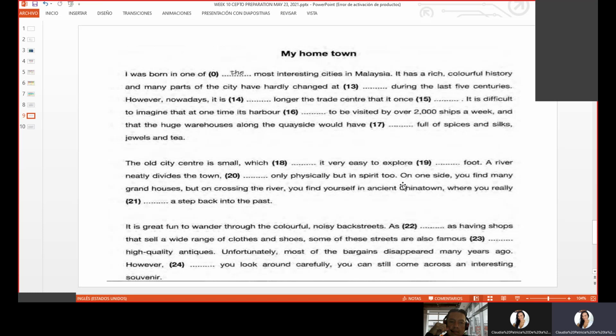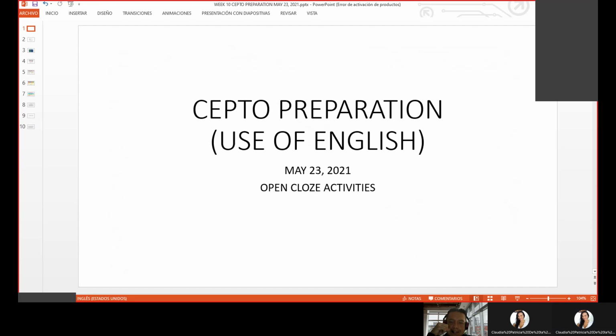Some of these streets are also famous for high quality antiques. Unfortunately, most of the bargains disappeared many years ago. However, if you look around carefully, you can find at least one. That is correct.